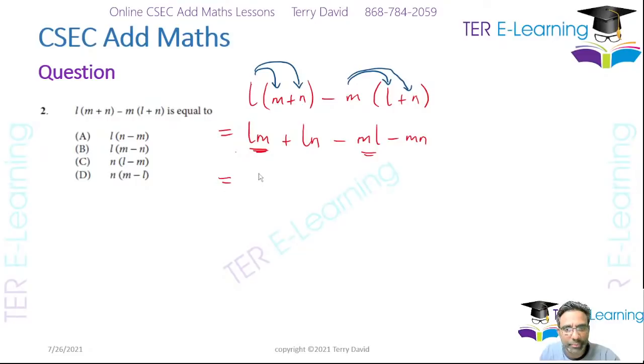So what you're going to end up with is LN minus MN. Now, none of the answers look like that as yet, right? So I can factorize this, and I'm going to end up with N open brackets L minus M, right? So that gives me an answer of C, right?